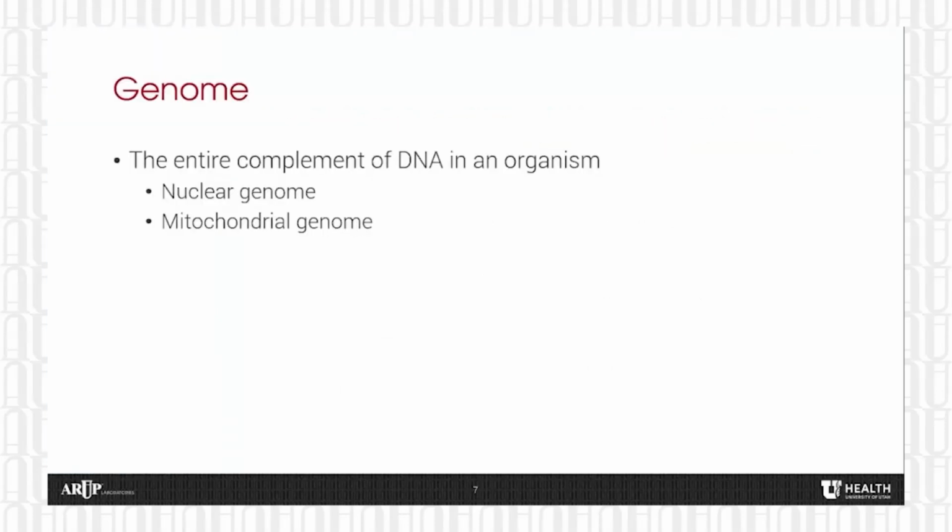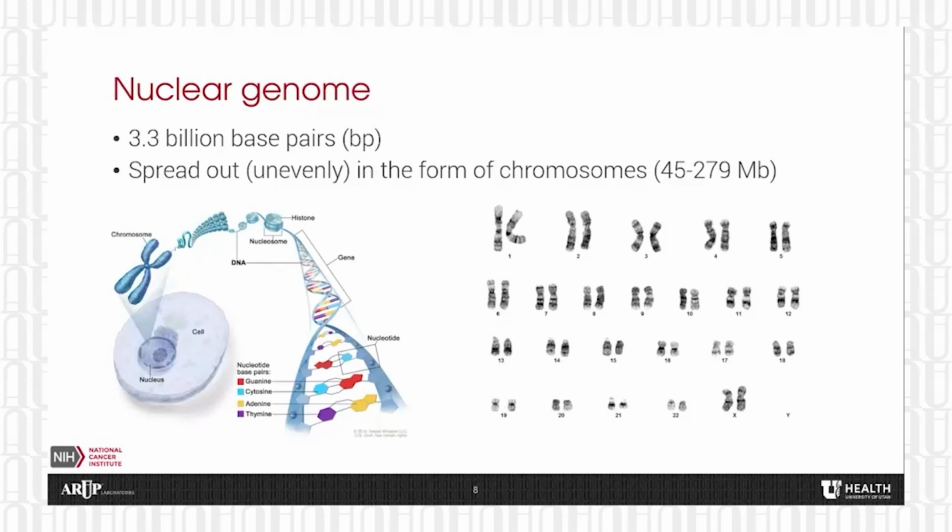So what is the genome? Genome is the entire complement of DNA in an organism. And in a human cell, genome is stored mainly in the nucleus, nuclear genome, but a small part of it is stored in mitochondria. So nuclear genome is basically made up of 3.3 billion base pairs.